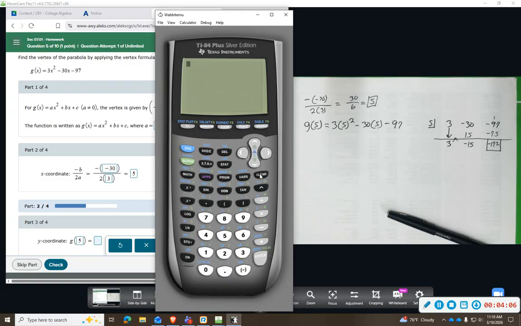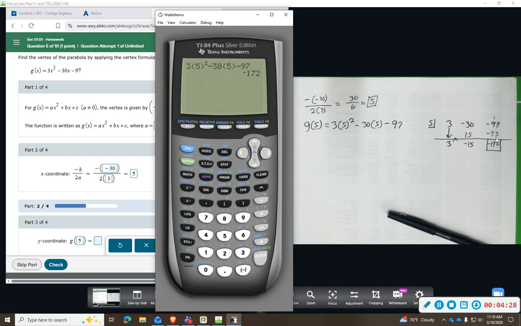I'm going to clear out what we have, and we're going to do 3 times 5 squared, minus 30 times 5, minus 97.